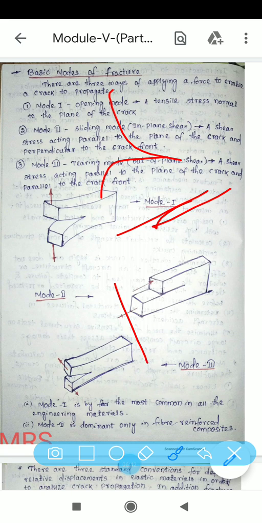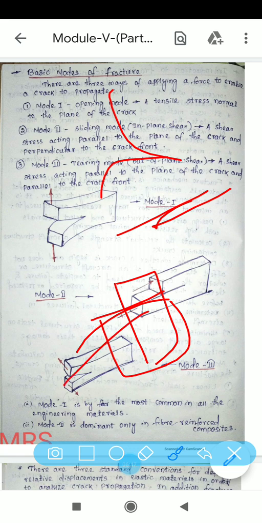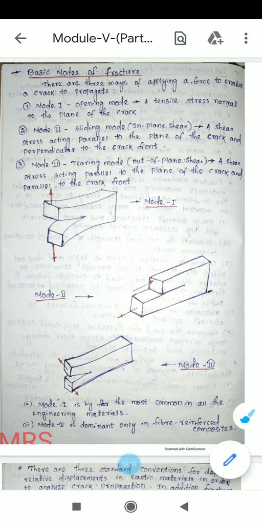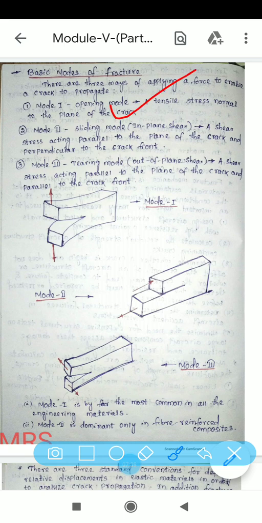One material is here, another material is here, and the material moves to the left side or right side. This is your tearing mode. Mode 1 is the most common in all engineering materials. Mode 2 is dominant only in fiber reinforced composites. So just remember, mode 1 is basically used in all engineering materials, but mode 2 practically in fiber reinforced composites.